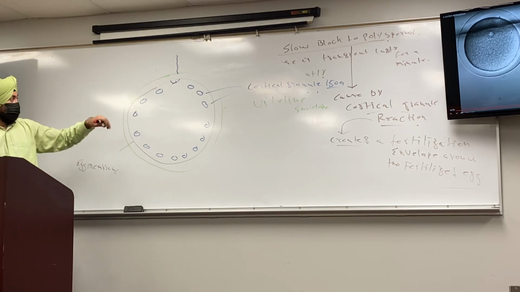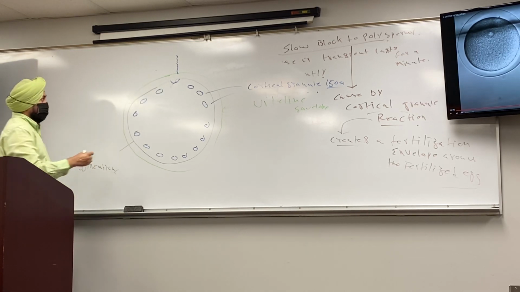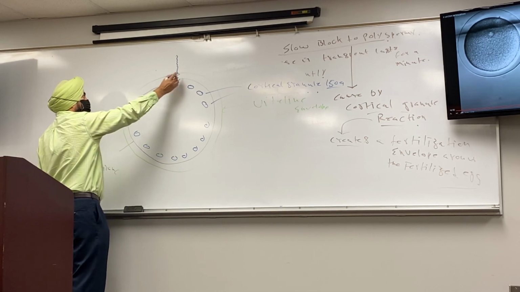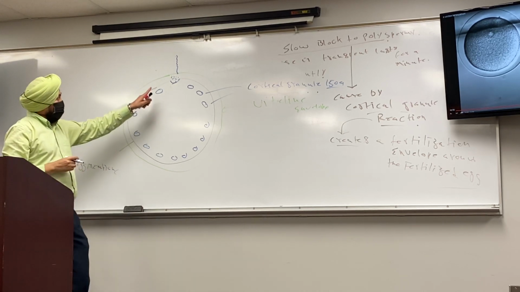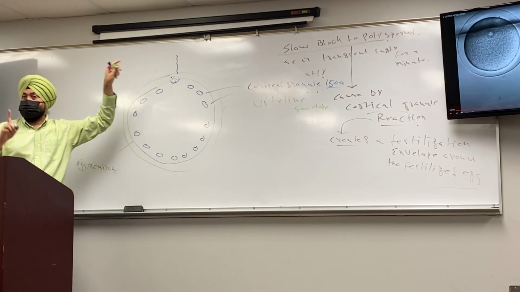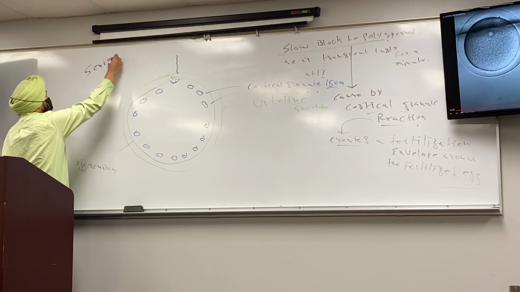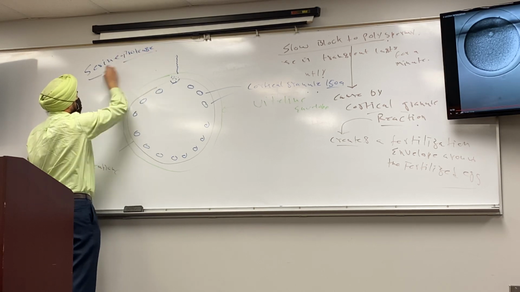So the cortical granule fuses there and throws all its content into the space between the vitelline envelope and the egg membrane. If we remember what was in the cortical granule, there were proteases, serine proteases. Proteases digest proteins.